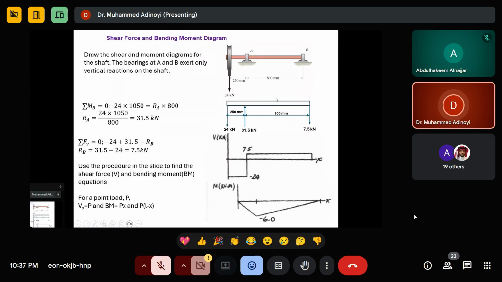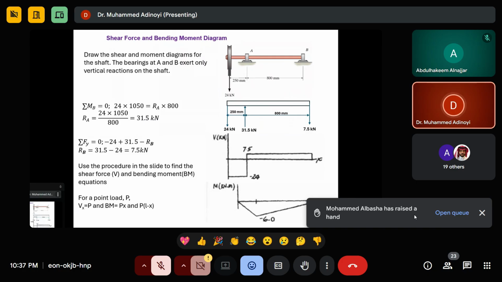If there is any other load here and the load is pointing down, then at this point, this guy will change direction again and start coming like this. But if you have a load here and the load is pointing up, this guy will go up again and then it comes to the end. This is the logic for drawing the shear force diagram for a beam.